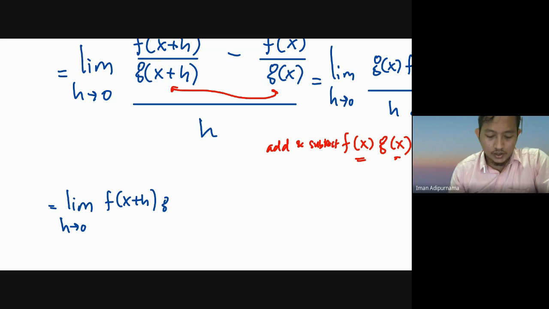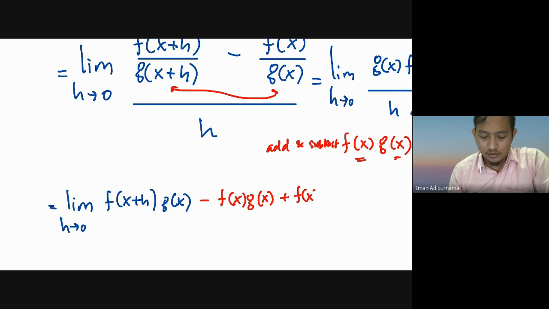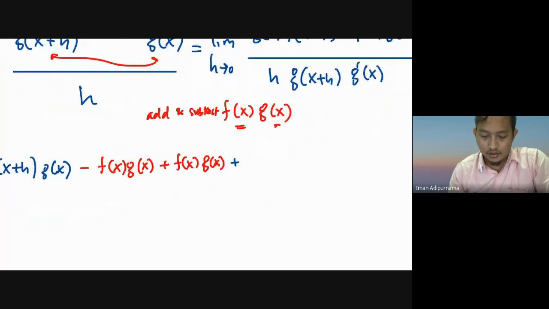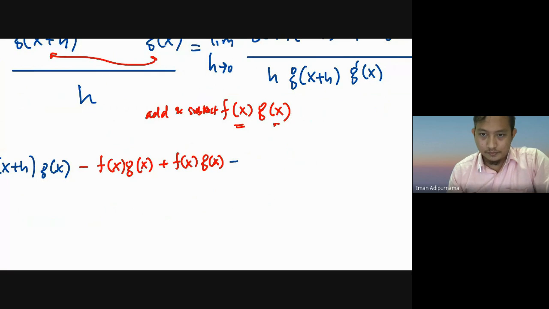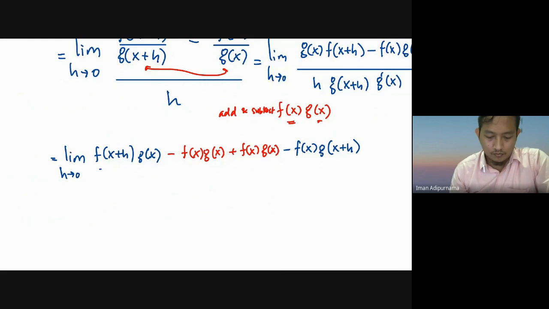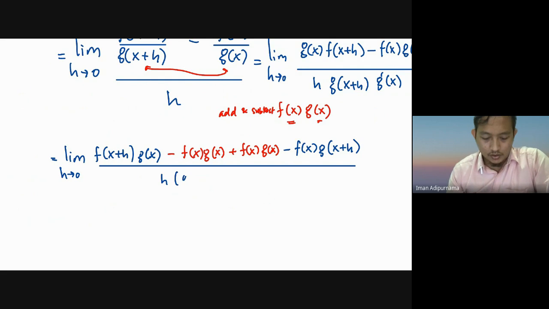Let me write f first and then g, and then minus and plus, and then minus, and this will be hg.